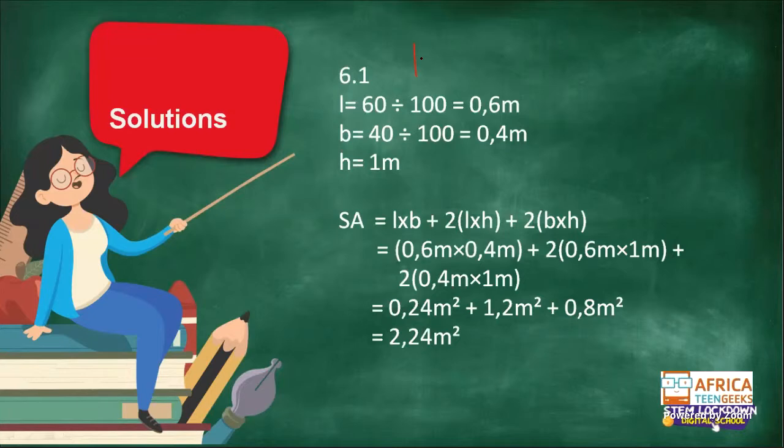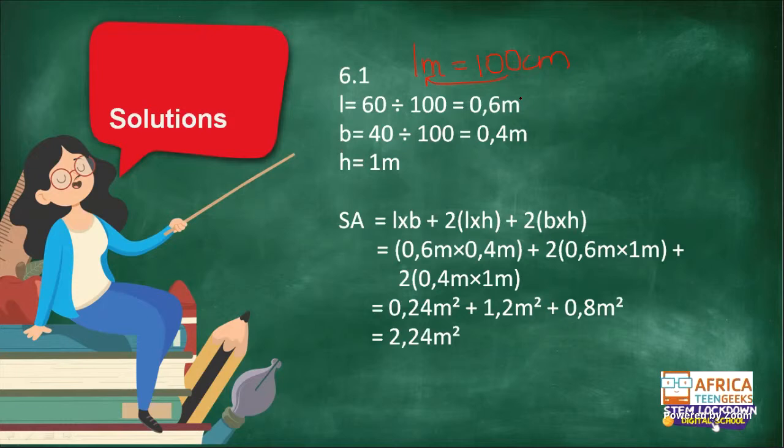Remember, 1 meter is equal to 100 centimeters. So to change from centimeters to meters, you divide by 100.